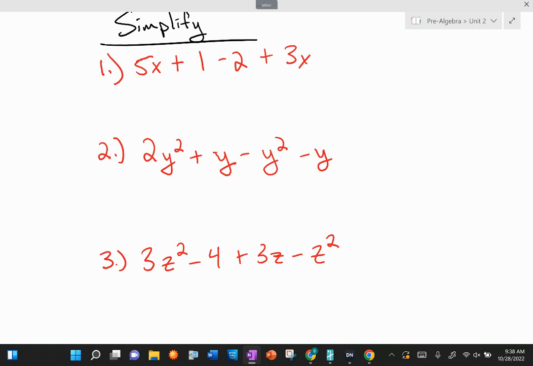Is that y and negative 2? So it's 5x plus 1 minus 2 plus 3x, yes.